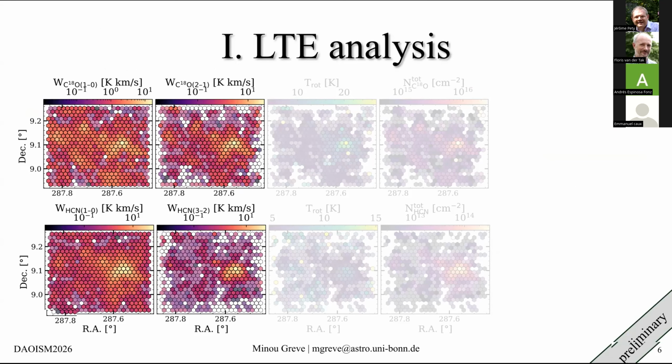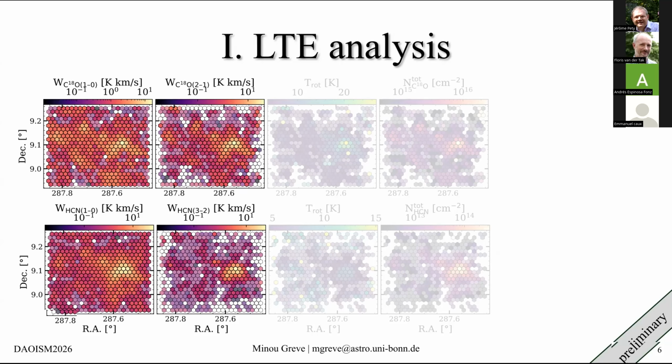And as a very first step, we do an LTE analysis to get a first order approximation for the kinetic temperature and also the column densities of these molecules. And I will just really briefly summarize this here. So we have for each molecule, of course, here is an example shown for C18O, the 1-to-0 and the 2-to-1 transition, the moment 0 maps, and below the 1-to-0 and the 3-to-2 transition of HCN.